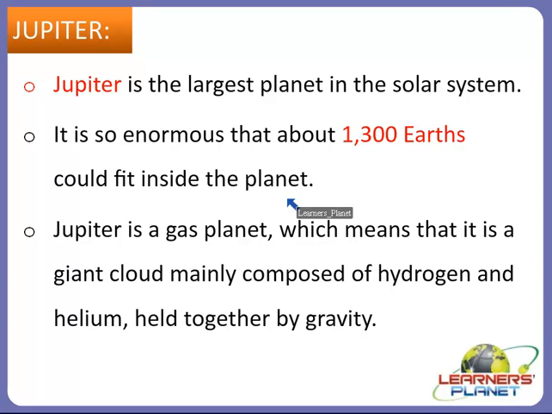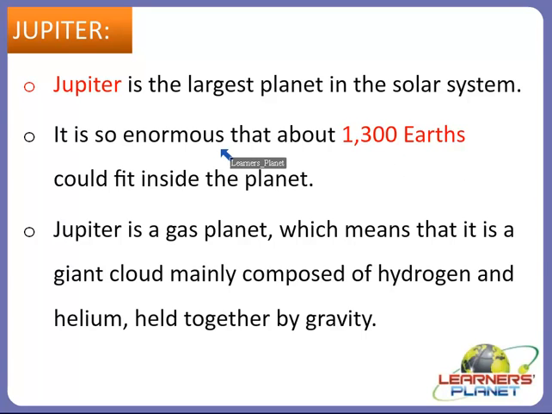So you can just imagine, children, how huge it is, that about 1300 Earths could fit inside the planet, right? But do not just think that this many Earths actually fit inside the planet. It is not possible. This is just imaginary, just to say that Jupiter is so large.